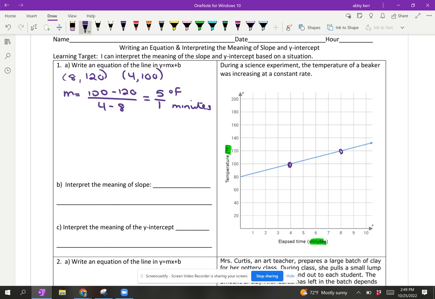So this whole situation is talking about a beaker. So 5 over 1 represents the beaker's temperature is increasing.